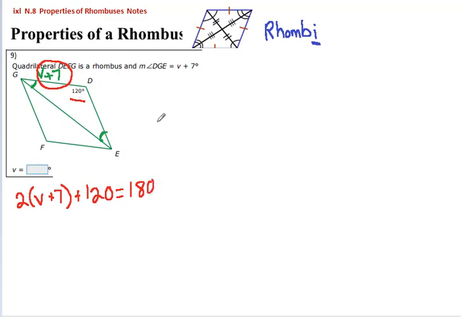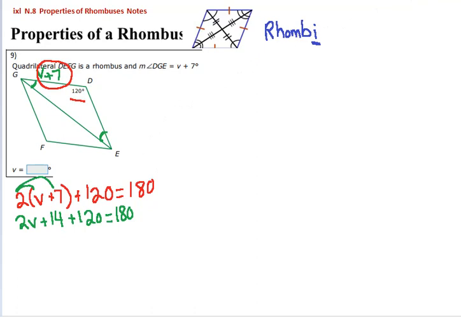Okay. Next thing, what's the next thing? Distributive. So we have 2V plus 14 plus 120 equals 180, right? Right, no boo-boos yet.